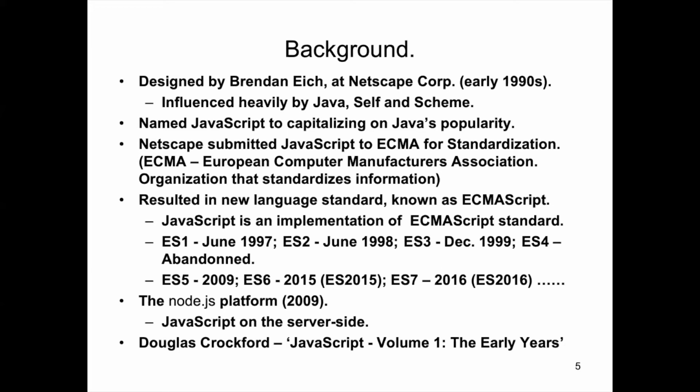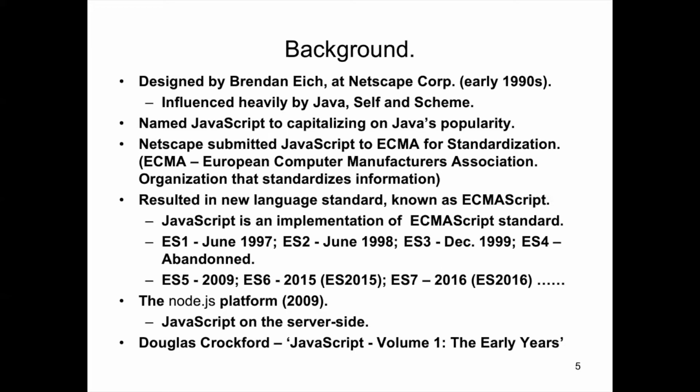In fact, that's why JavaScript is called JavaScript, even though from a technical point of view, it's quite different from Java. Java and JavaScript are quite different, but it was named JavaScript in order to catch people's eye. The other 2 languages there, Self and Scheme. You may not have heard of Self. It never really emerged as a well-used language.